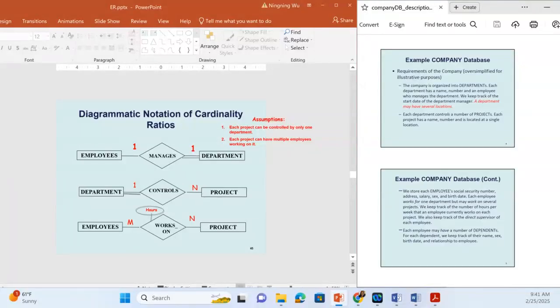For example, if I assume that a project must be controlled by a department, then I'm going to put the double line. But understand that if you make a different assumption, saying that a project might not be controlled by any department, that's fine.